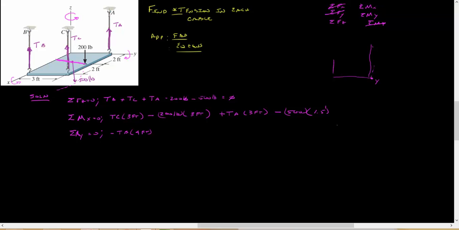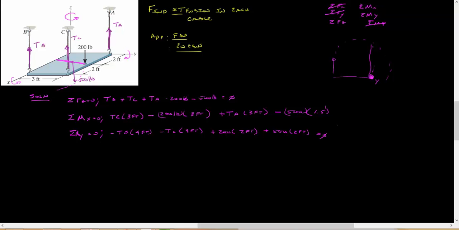This TB is going up, so it is rotating clockwise around that point. So TB times 4 feet minus TC times 4 feet plus 200 times 2 feet plus 500 times 2 feet is all equal to 0.